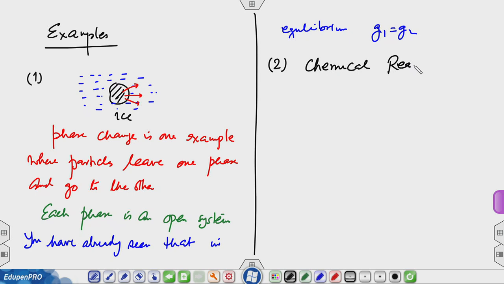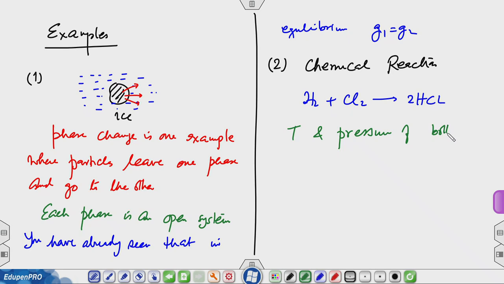Two, chemical reaction. And this is what gave the name to chemical potential. So suppose I have H2 plus Cl2 going to 2 HCl. So temperature and pressure of all the materials is the same. Yet H2 and Cl2 react to give HCl.